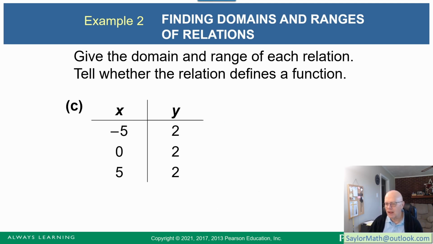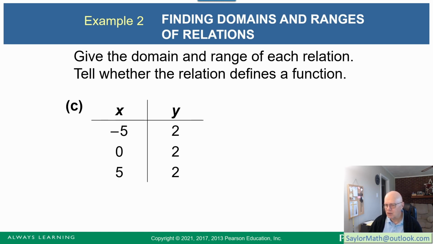Here's another way of looking at it. We can have a table of x and y values. Is it a function? Well, one thing you can tell right off the bat is that all the x's are different. That makes it a function right away. Because the only way for it not to be a function is if you have the same x going to different y's. And if all your x's are different, you've got a function on your hands.